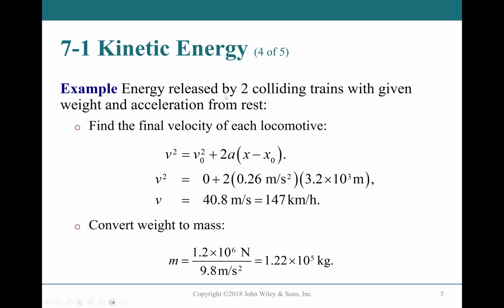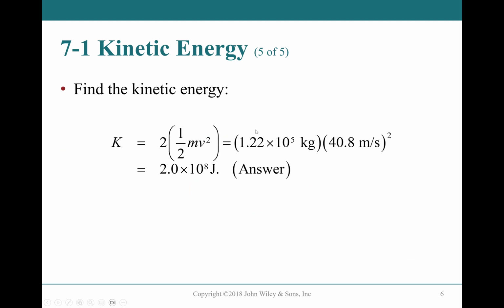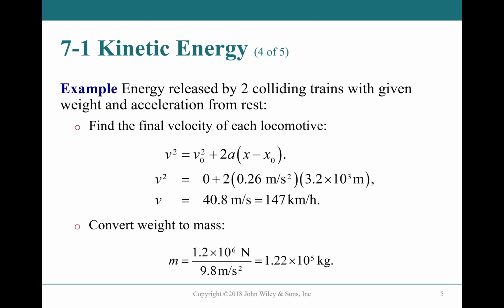Energy released by two colliding trains with given weight and acceleration from rest. In this problem we need some information given to you. The weight of the train is 1.22 times 10 to the power of 5 kilograms.